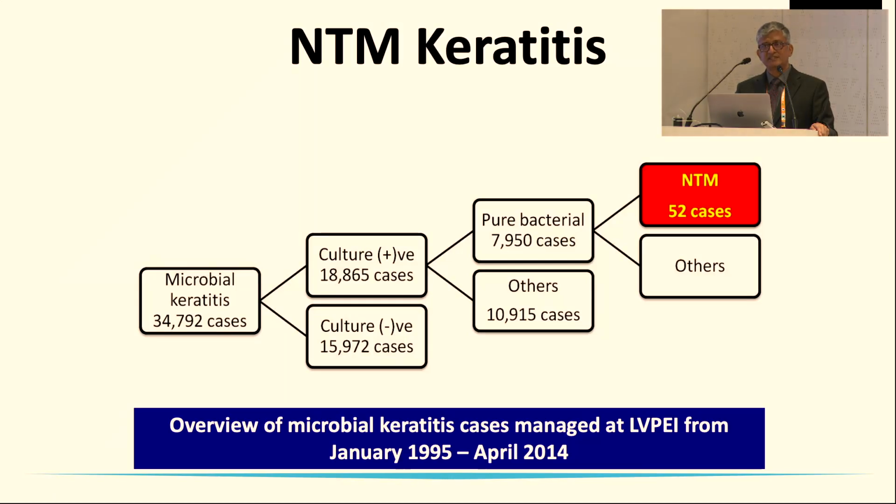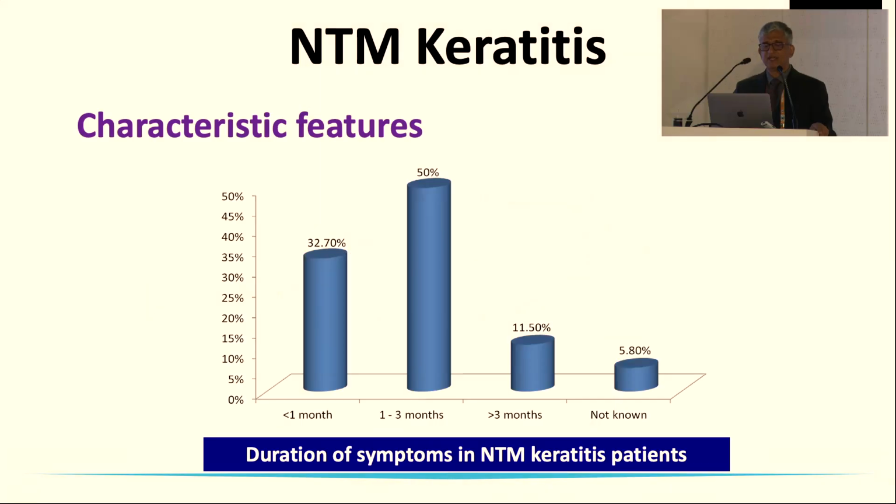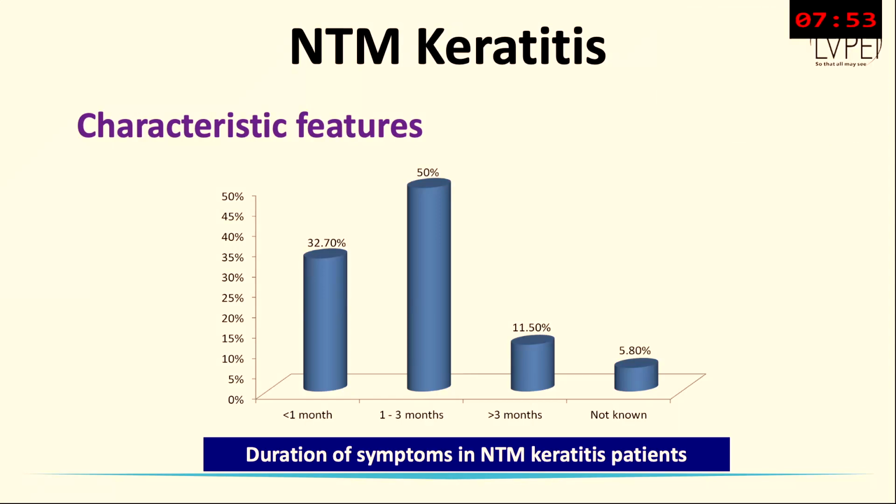So what we did is that we analyzed 52 cases of atypical mycobacteria in the year 2016 and found a few characteristic features of atypical mycobacterial keratitis. The history duration is usually in weeks to months. Many of these patients will come to a tertiary center with a very, very long history.